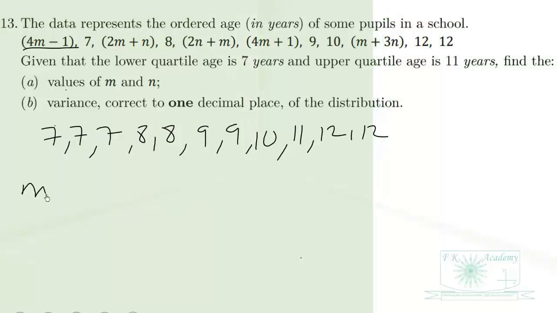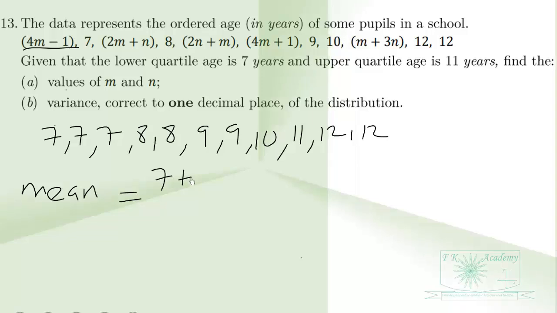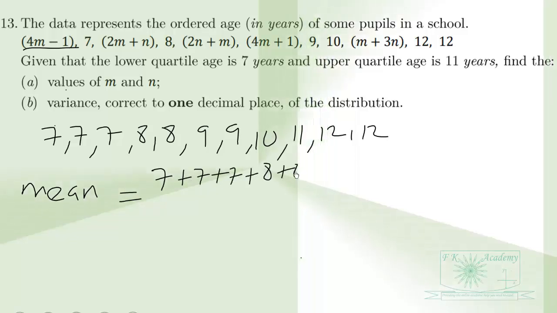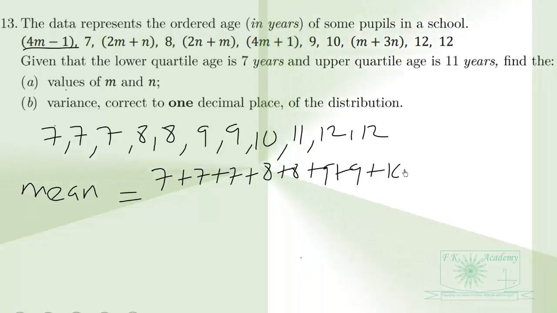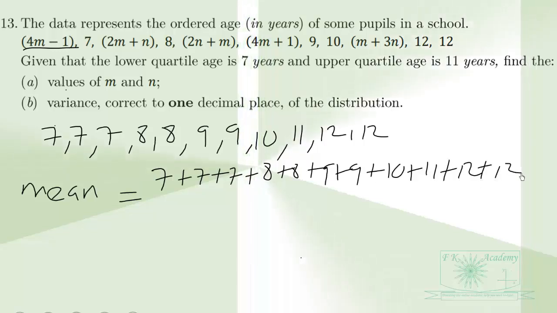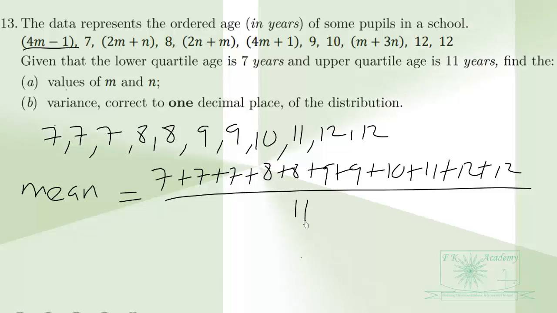So the mean age will be equal to the sum of all these numbers, 7 plus 7 plus 7 plus 8 plus 8 plus 9 plus 9 plus 10 plus 11 plus 12 plus 12, all over 11.